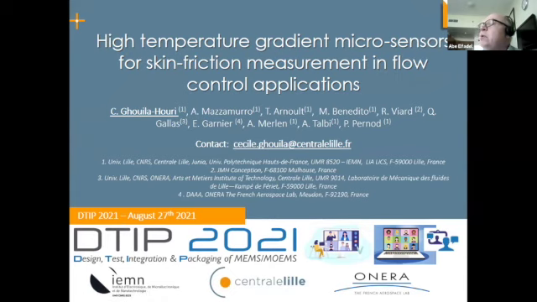Cecile Guila-Houri received her MS degree in engineering with specialization in micro nanotechnology, wave physics, and telecommunications from École Centrale de Lille in 2015 and began her PhD in November 2015, joining the ONERA, the French Aerospace Lab, and the IEMN, the Institute of Electronics, Microelectronics, and Nanotechnology of Lille.